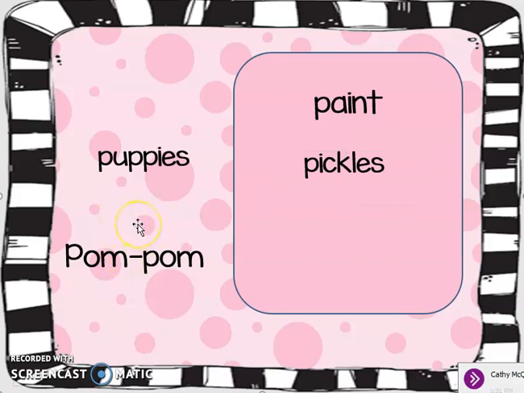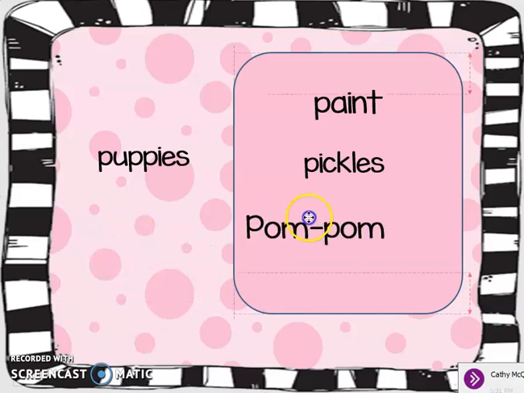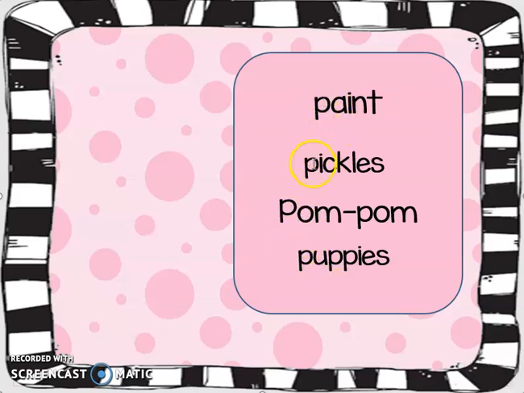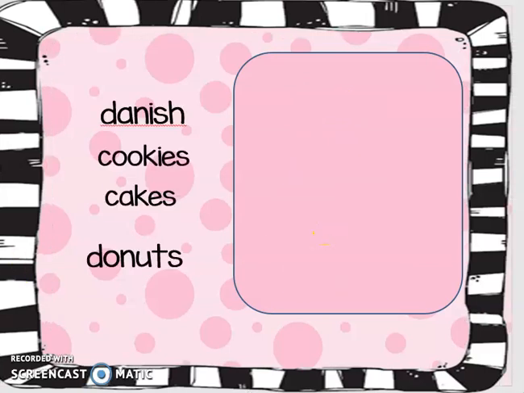H, I, J, K, L, M, N, O, P, Q, R, S, T comes our last word would go at the bottom there. So it would go paint, pickles, pom-poms, and puppies. Because all of my words started with the same letter in the front, so I had to look at the second letter. Okay, let's try one more like that.